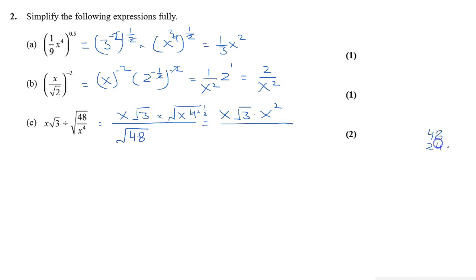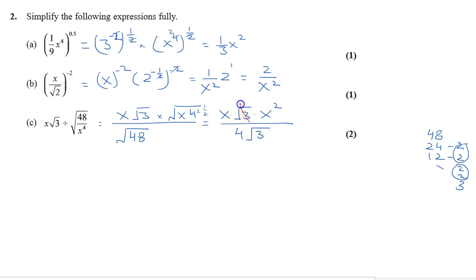That is 24, 12. 3 times 2 is 6, times 2 is 12, times 2 is 24, times 2 is 48. So that is 2 and 2, 4 root 3.